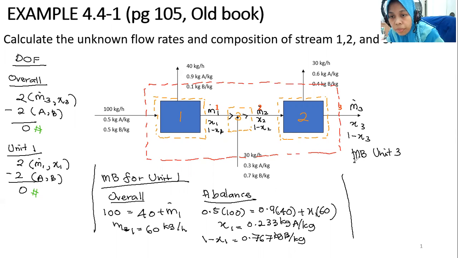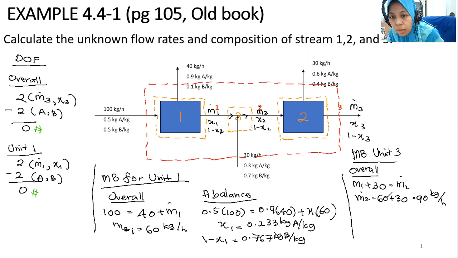Overall, M1 plus 30 equals M2. So M2 equals 60 plus 30 equals 90 kg per hour.